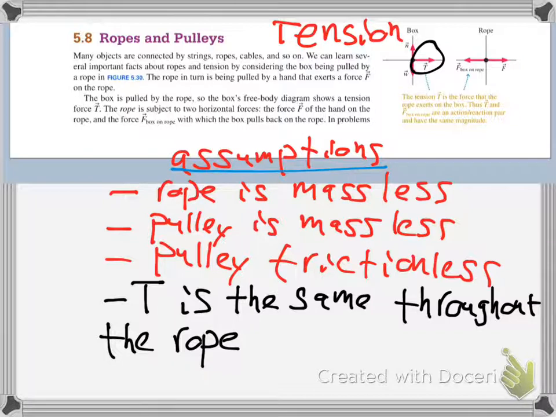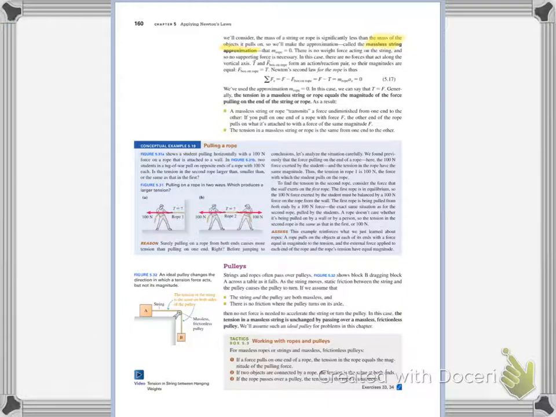If we consider the forces on the rope, we have the reaction force of the box on the rope, and then we would have another force, which in this case would be the applied force here, or F. So what we'll see is that the forces on the rope will basically cancel out.